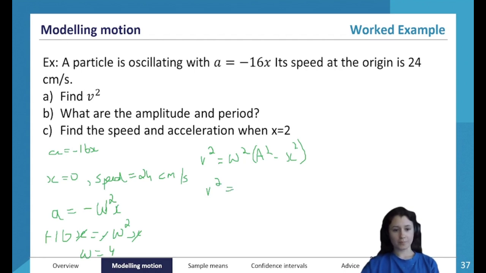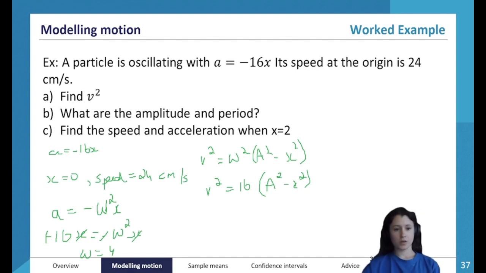So, we're going to have 16 for our angular velocity. Our amplitude, we don't know yet, but we'll be able to figure it out soon. And x is a variable, so we don't need to put that in yet. So let's think of a few ways that we could figure it out. What other information do we know?